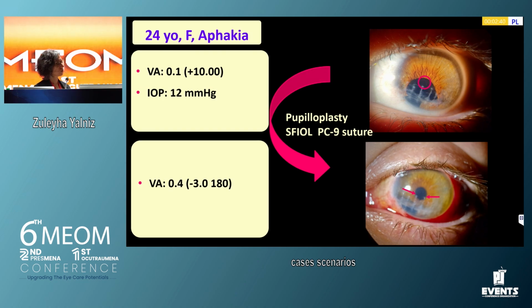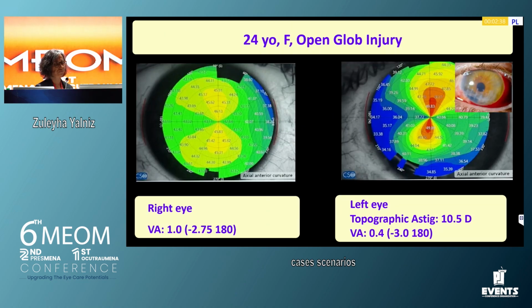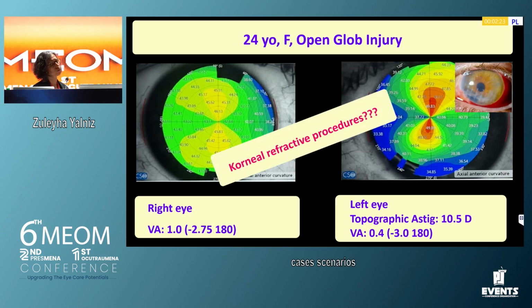And here comes another question. The normal eye also has astigmatism. However, we see in the topography picture that the topographic astigmatism is as high as 10 diopters. And are we going to stop at that point, or would you go on with corneal refractive procedures to correct that astigmatism?